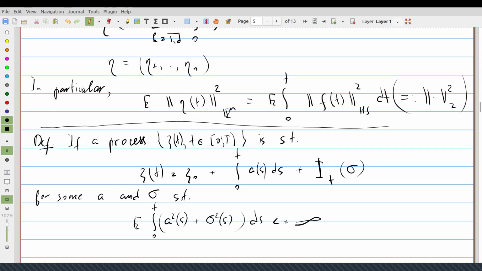So I will not repeat that a and sigma should be progressive. We will not consider anything except progressive processes.